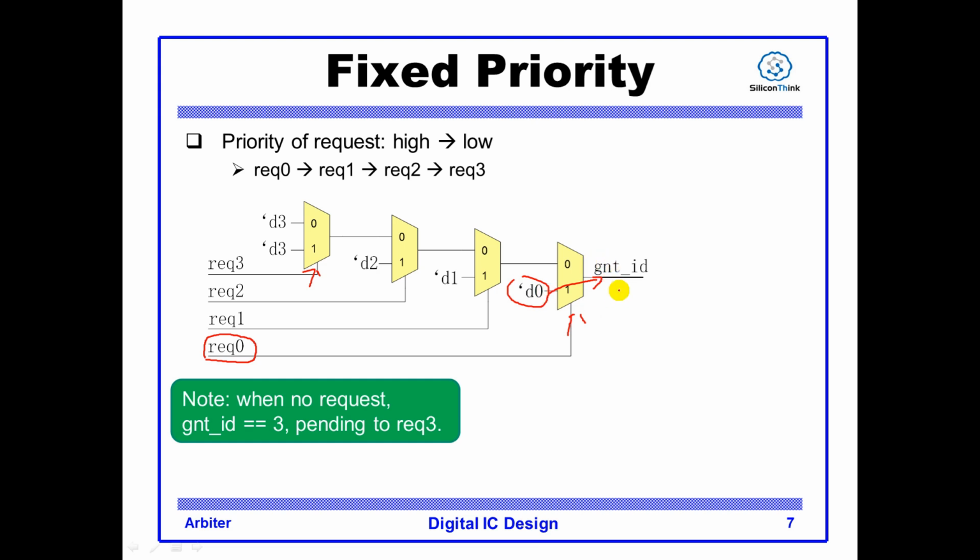So you can generate the grant output. This is a binary encoding of grant. You can decode it to the one-hot encoding, to 4 one-hot signals. And for this circuit, if there is no request, the output will be 3. So actually it's pending to request 3.